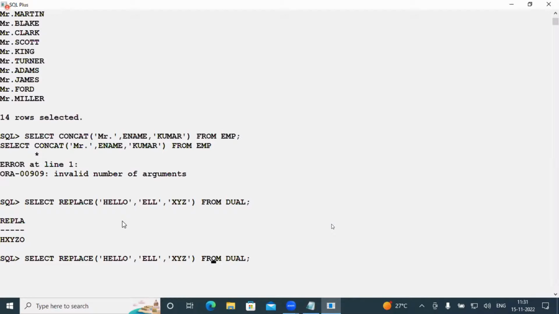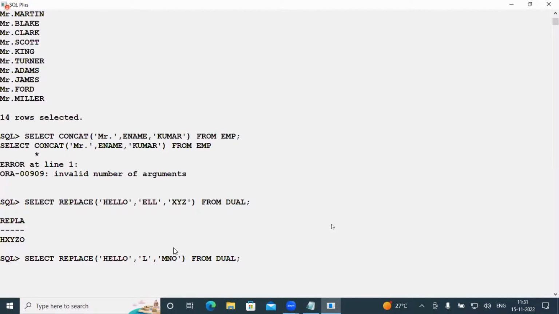Now I can replace the same way. For example, if I give L, and in place of L, suppose I give MNO. Can you expect how many L's there are here? Two L's. So if I'm sending L, in the position of L it will be replaced with MNO.